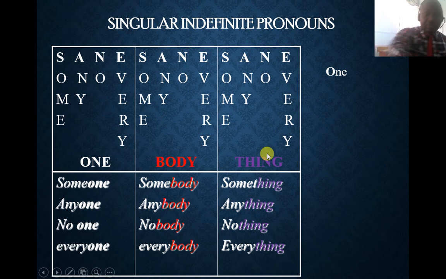So you have them down here. These are singular indefinite pronouns. Remember, when you use singular indefinite pronouns in sentences, the verb has to be singular too, so that you don't write ungrammatical sentences.